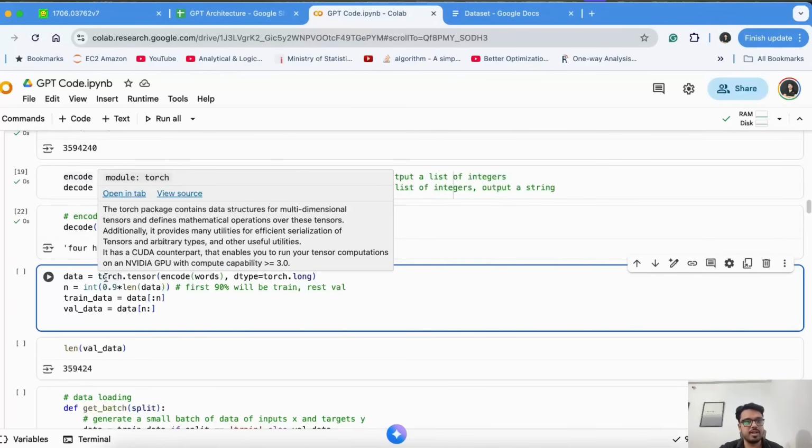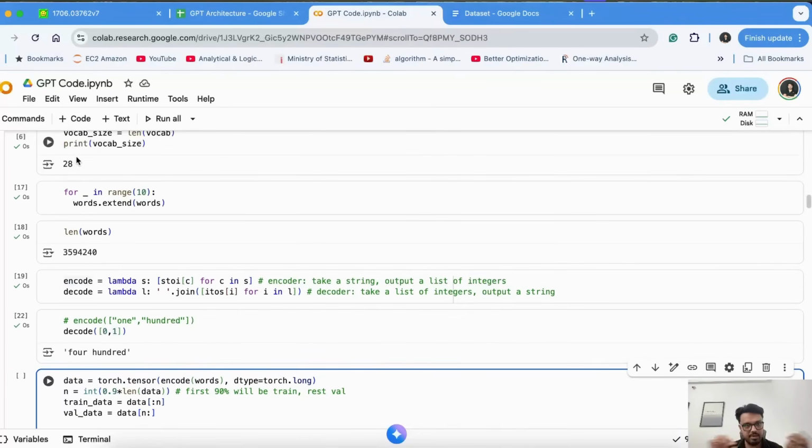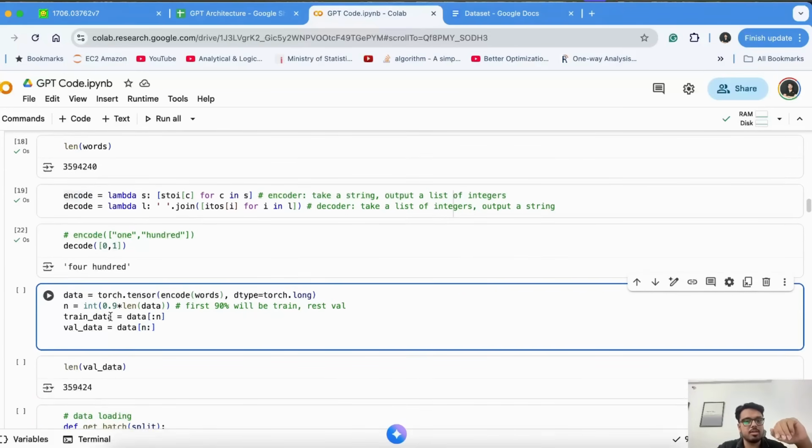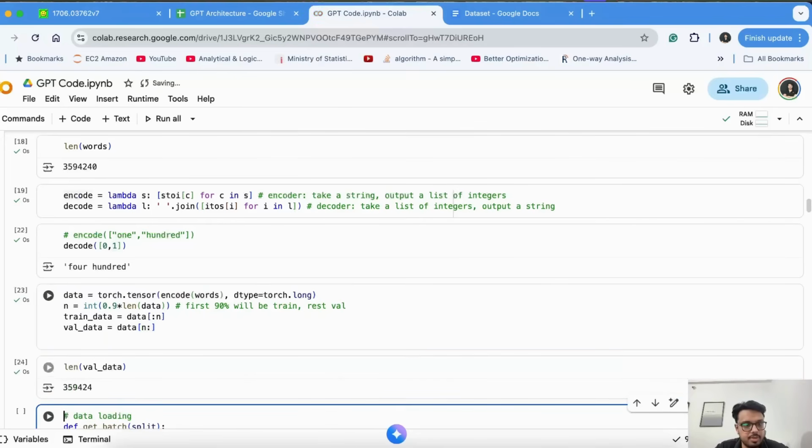All the words that we have generated are converted into their token ID representation, and they are all encoded in a very large tensor. The first 90% is what we will be using for training, and the last 10% is what we will be using for validation.